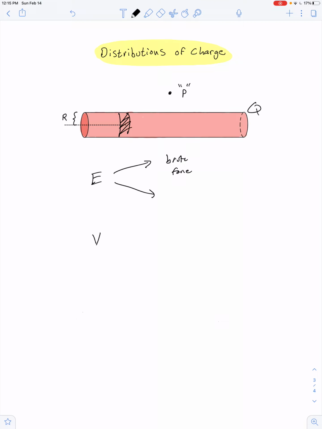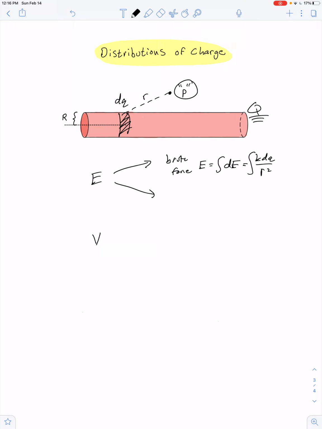So if the charge distributed across the rod has a total charge capital Q, then we divide it up into a bunch of small parts dq, and if that dq is at a distance of r from this point in question, then there's a little bit of electric field equal to k dq over r squared. So if I want to get the total electric field, I just have to add all of these up, right? And so that's what we mean by the brute force method.